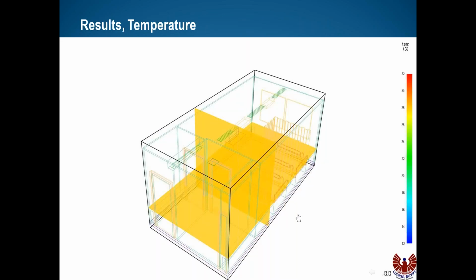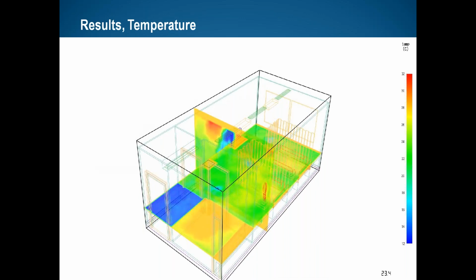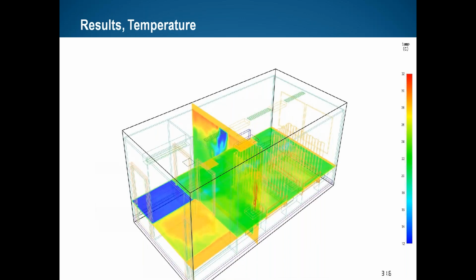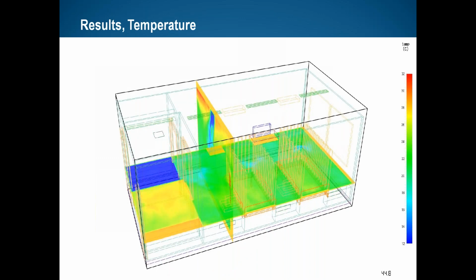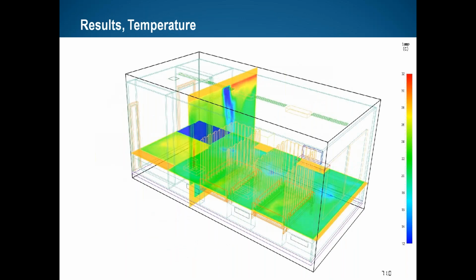You can see here, we will introduce now the results of, for example, the video. This means that you have to solve based on the time. And we will find this very clearly when we go to the tracer gases.